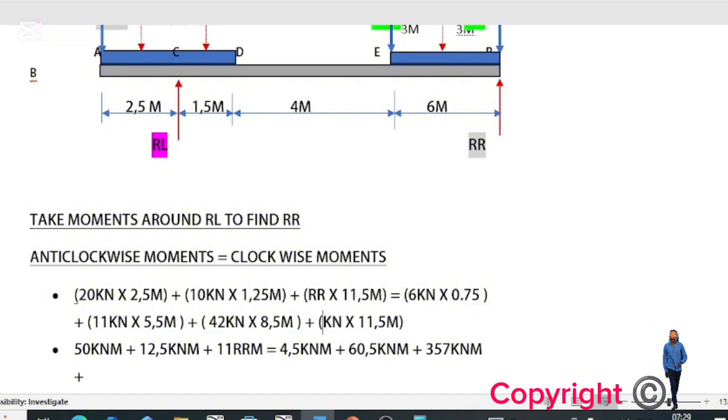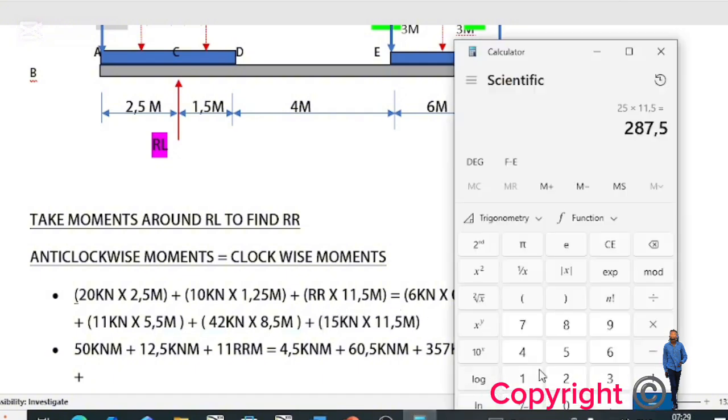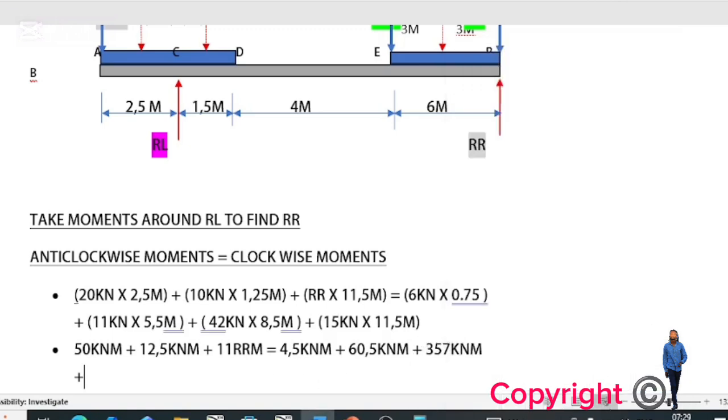This is 15, not 25. This is 15, which means it will be 15 multiplied by 11,5 equals 172,5. This is 172,5 kilonewton meter.